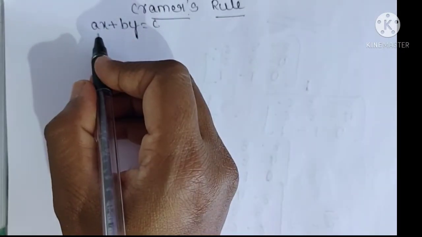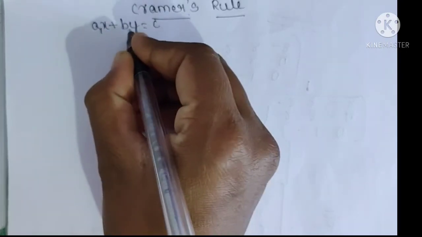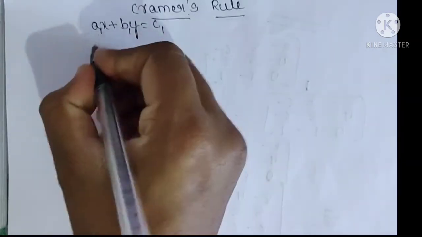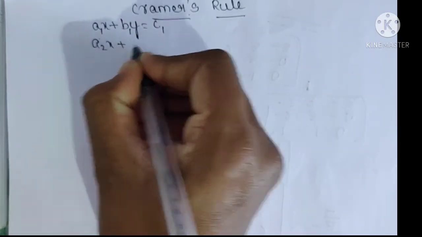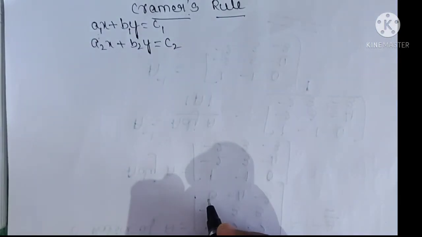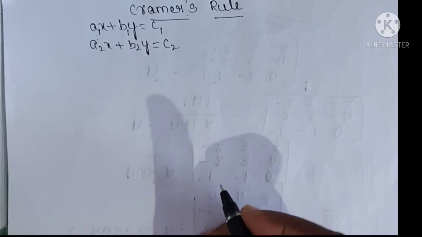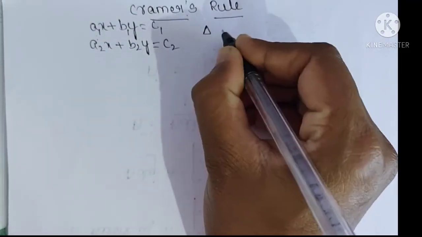Consider two equations: a1x plus b1y equals c1, and a2x plus b2y equals c2. These are two linear equations. To solve for the x and y values, first consider delta.